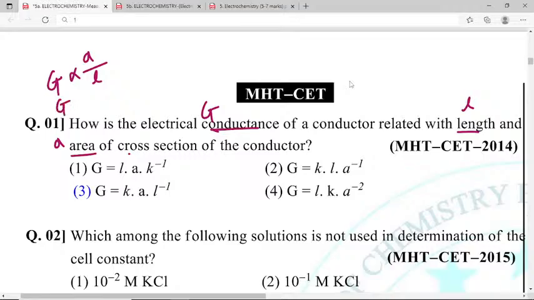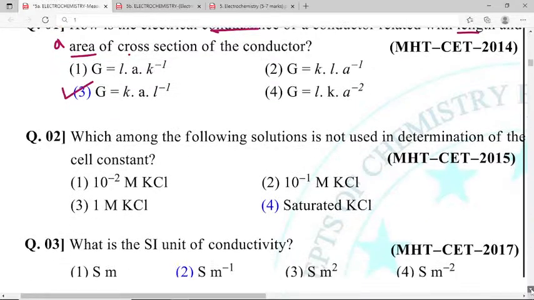So G is equal to K multiplied by area divided by length. This is your answer: G is equal to K A by L, where K is the conductivity, A is the area and L is the length of the metallic conductor.